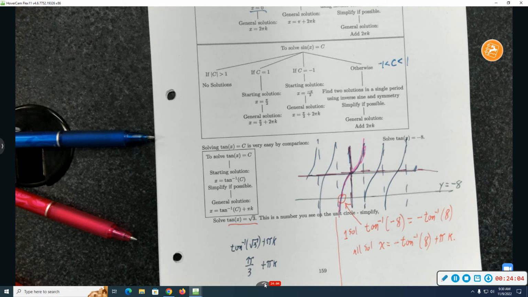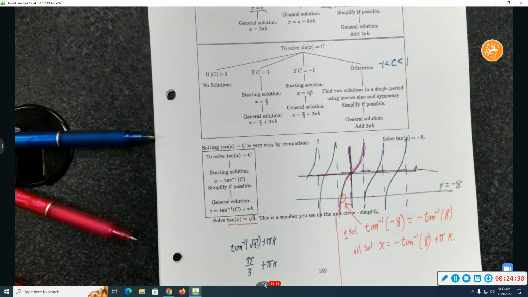Pi over 6: root 3 over 2, 1 over 2. Pi over 3: 1 over 2, root 3 over 2. And let's use this information to compute tangent of each of these angles.